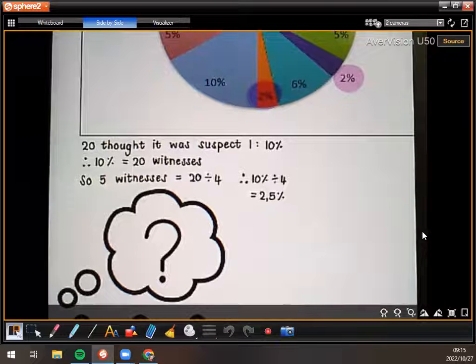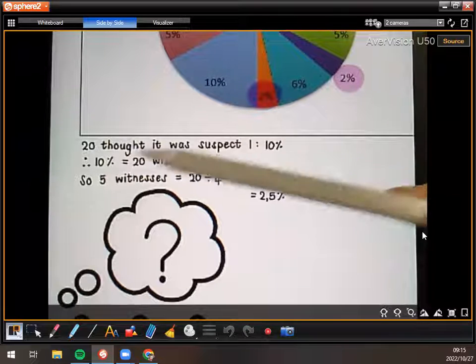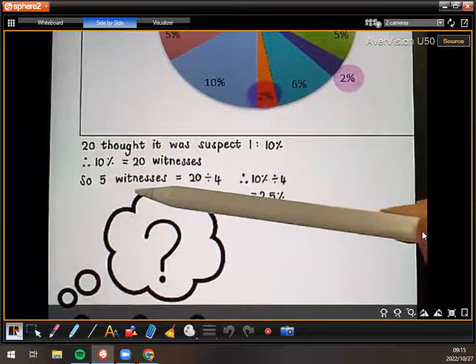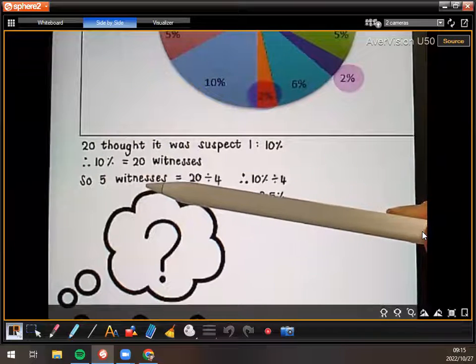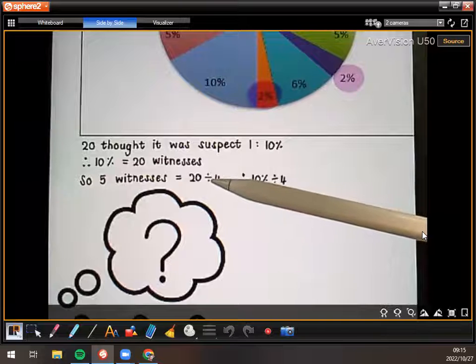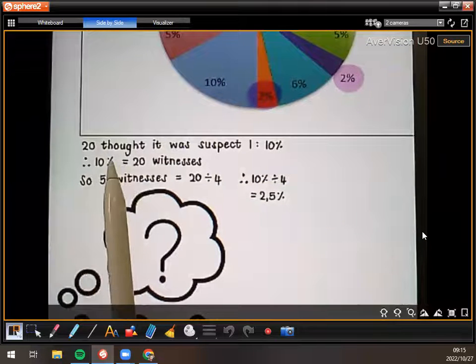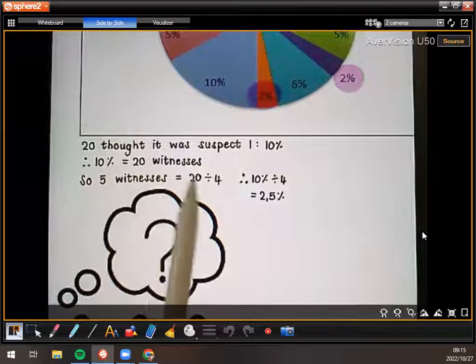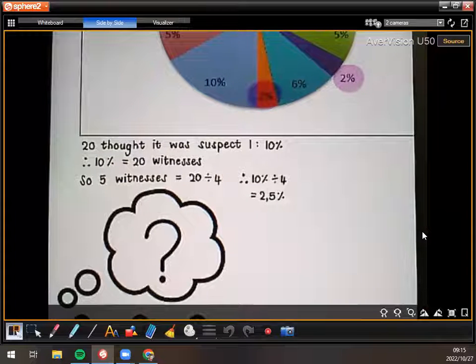So how do I go from 20 witnesses to 5 witnesses? What do I do to 20 to get to 5? I have to divide by 4. Do we agree? Then you must do that to the percentage as well. I'll say that again. We were given that 10% is 20 witnesses.